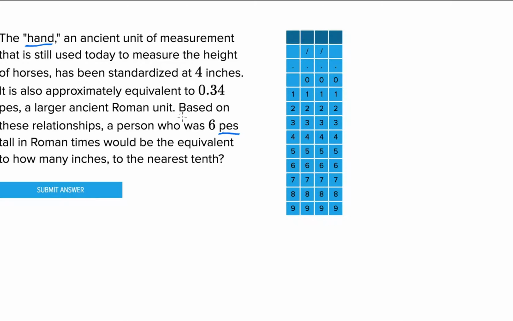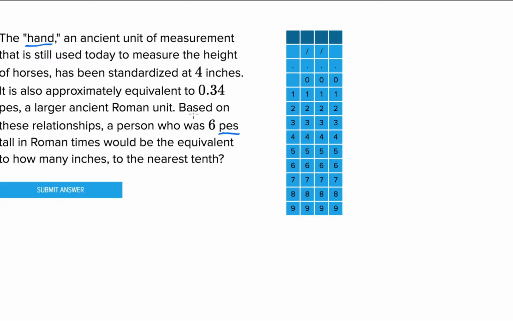There are these ancient Roman units, but it doesn't really matter to the problem to know that they're ancient Roman. And the fact that this is given to you in a word problem, so you need to figure out what you want to do. So the key to finding the solution to this problem is see what we're given and what we need to find.